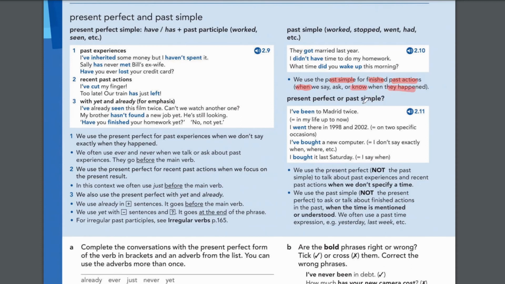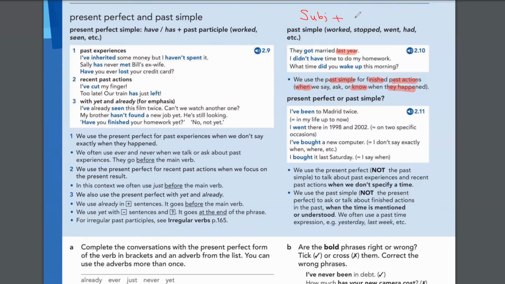So like last year, ago, 2 months ago, 5 years ago, yesterday, last month. These words indicate that we should use past simple. And obviously past simple, we're going to use after the subject.